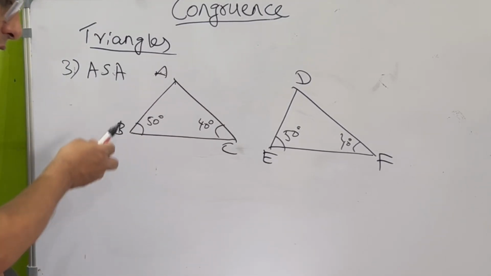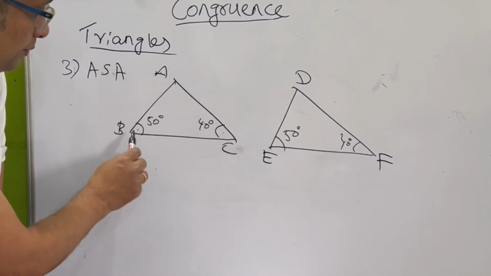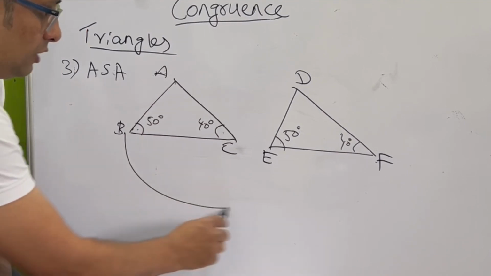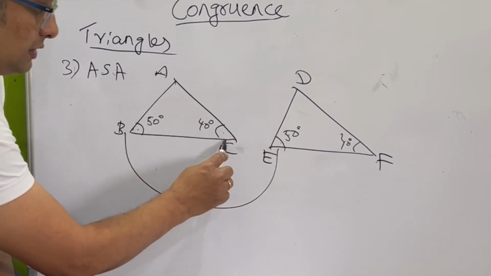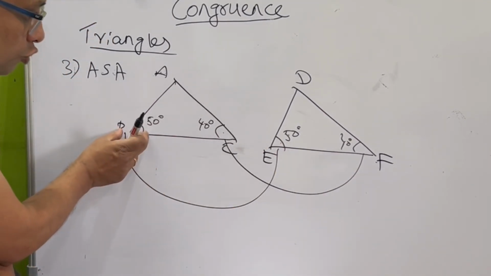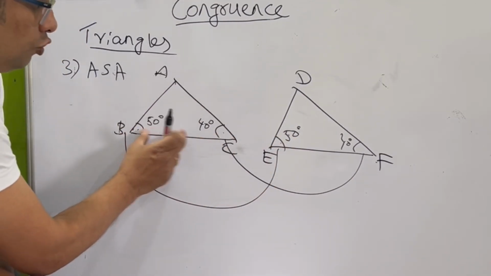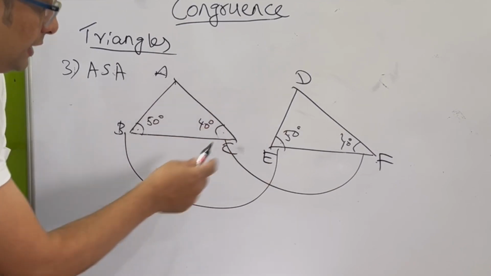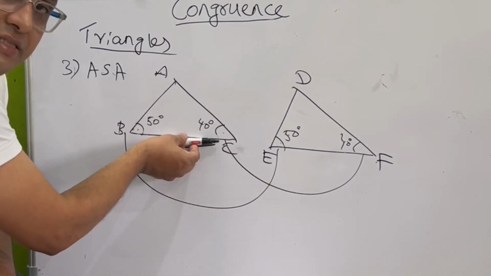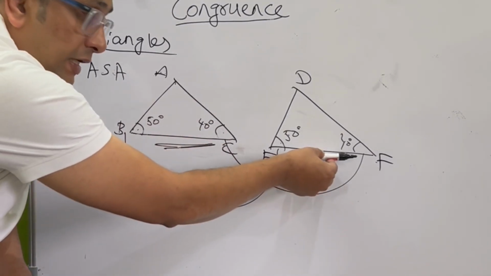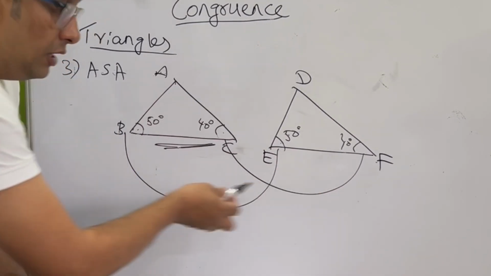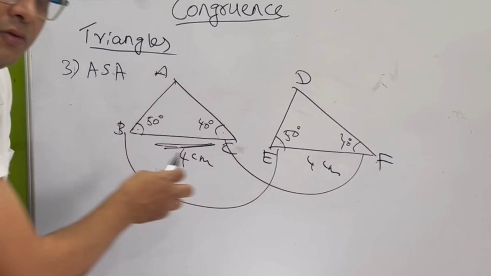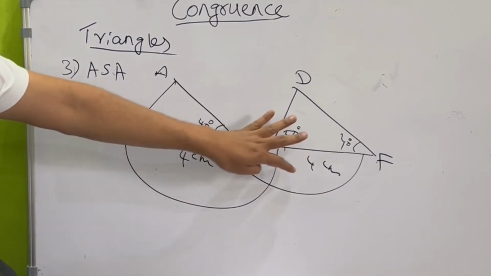That means we have two angles here, B and C, and here E and F. B is equal to E, 50 and 50, and C is equal to F. And the included side, BC, is equal to EF. If this is 4 centimeters and this is also 4 centimeters, then we can say these two are congruent.